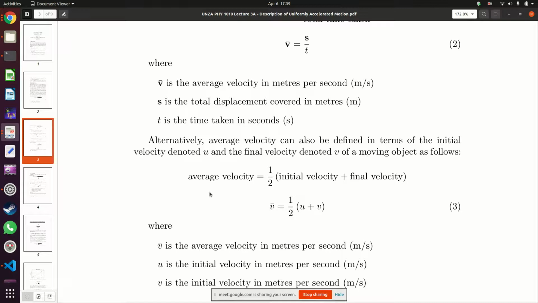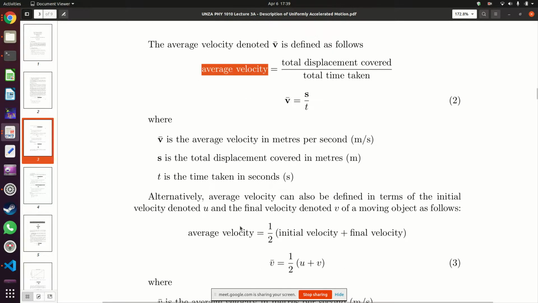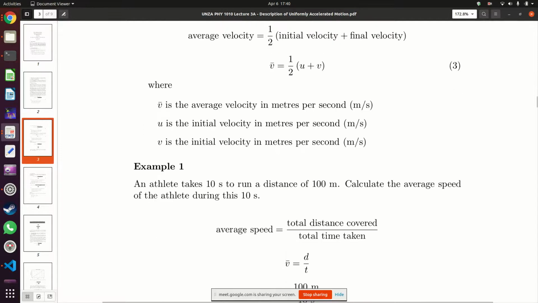If your average velocity is higher, we'll say object A was moving faster than object B, based only on the average velocity.